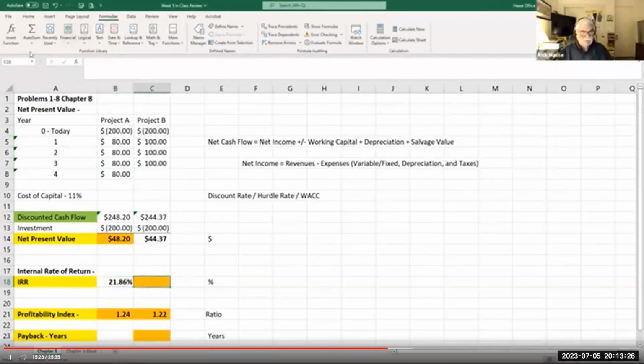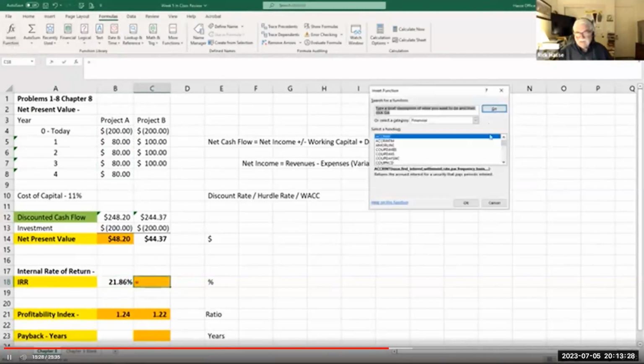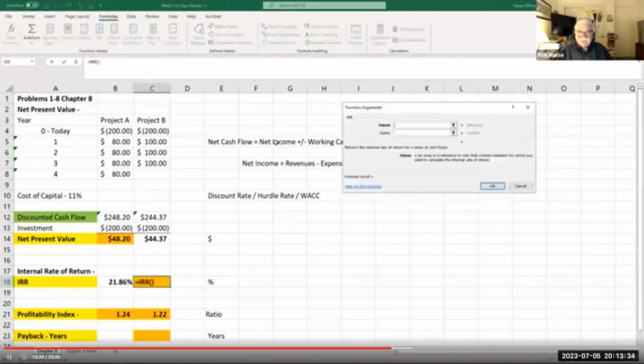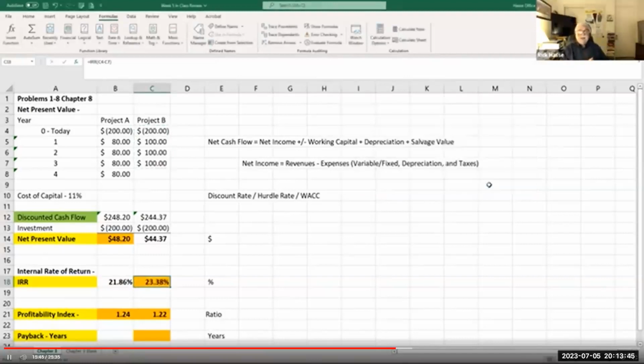Same procedure, formula, function, financial, internal rate of return. And again, we paint from year 0 to year 3, C4 to C7. And what is that in a percent? 23.38%. Interesting. Why?